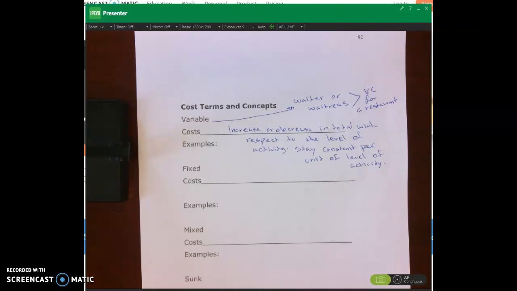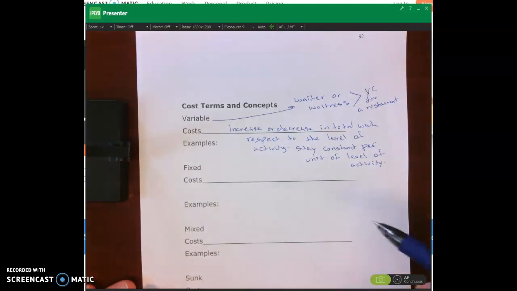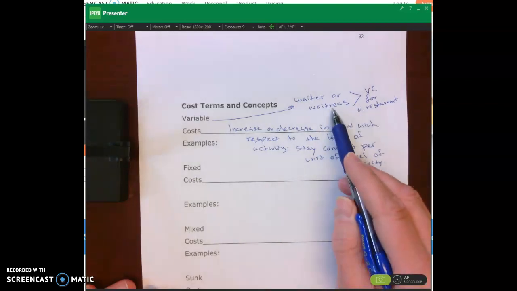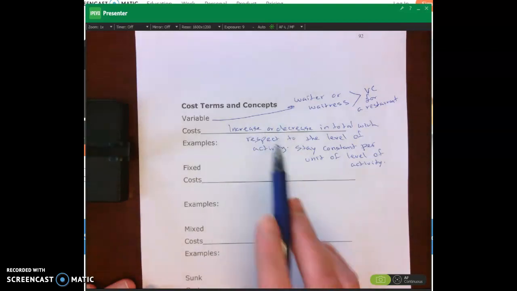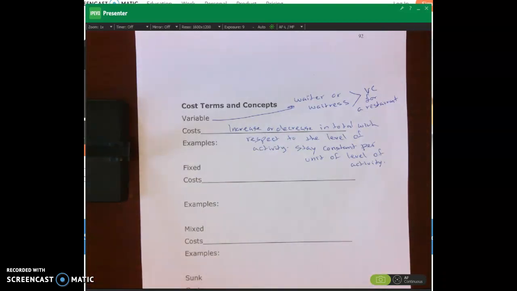That increases the number of hours that they have to pay the waiters and waitresses. So their total expenses increase as the number of customers, which then leads to the greater hours for waiters and waitresses, increases. So it increases or decreases in total with respect to the number of hours that they have to pay for the waiters and waitresses. And then that, of course, is dependent upon how many customers that they have for that night.